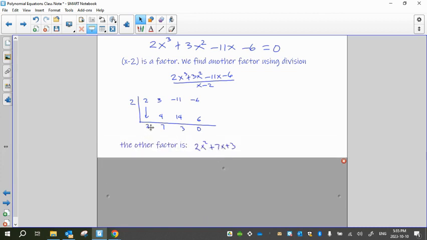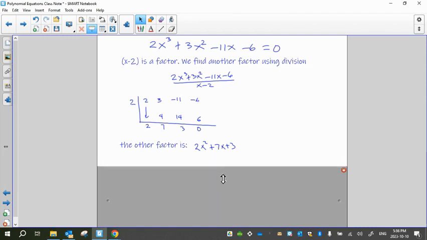So that means because I'm dividing a cubic by a linear, the quotient is going to be 1 degree less than the cubic, therefore quadratic. And here is the second factor, 2x squared minus 7x plus 3. And this 0 tells me indeed that the function had a remainder of 0.